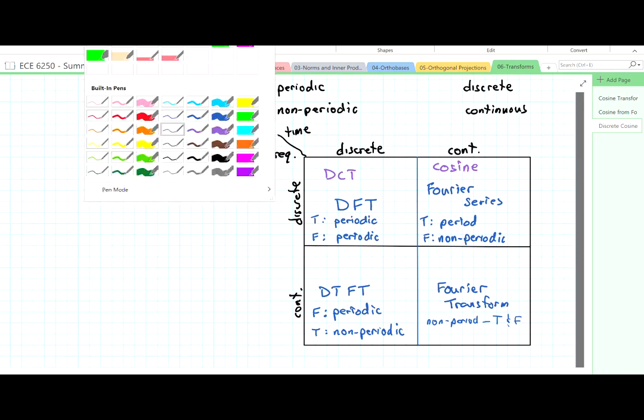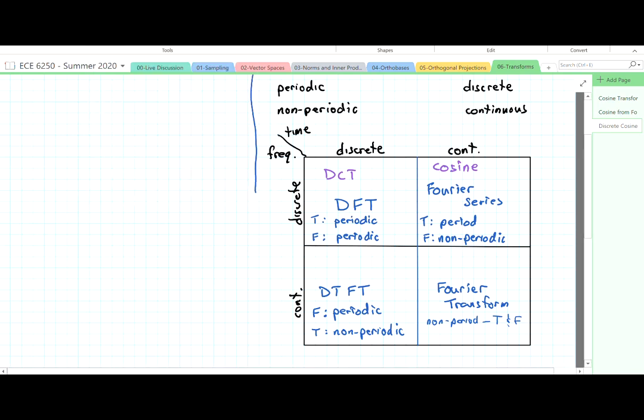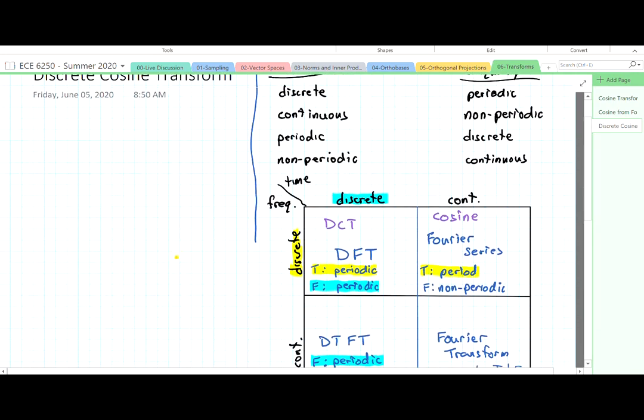Now, one thing to notice is when we're discrete in frequency, we are periodic in time. And when we are discrete in time, we are periodic in frequency. Okay, so that's where everything fits.